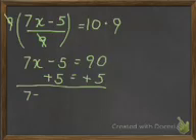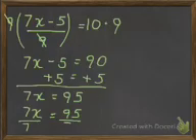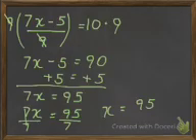We have 7x is equal to 95. Divide both sides by 7. And we have x is equal to 95 over 7.